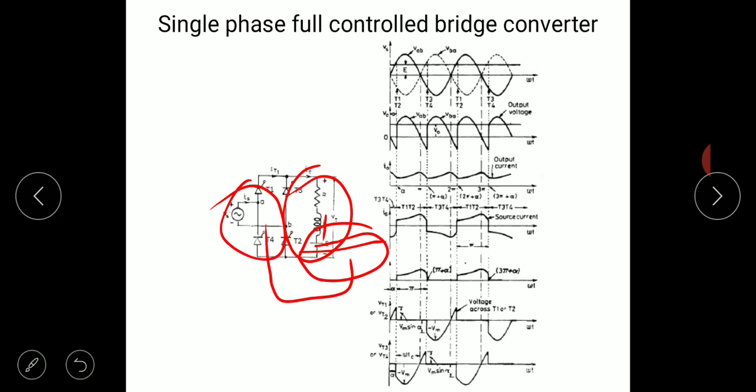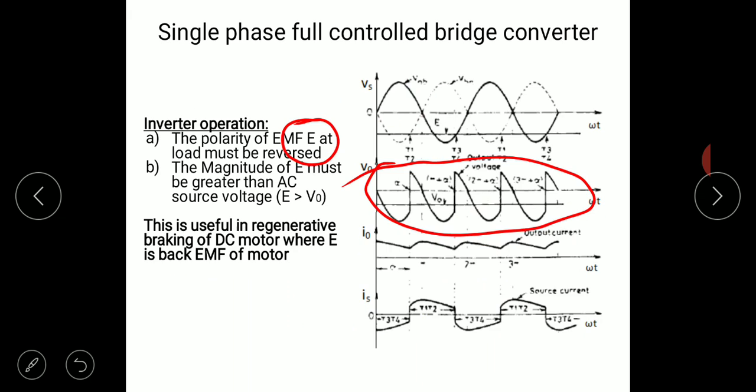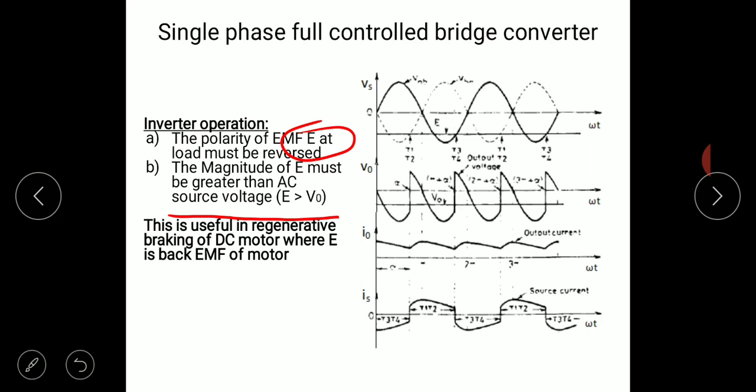That means the magnitude of back EMF must be greater than the average load voltage V0. These are the two conditions that must be fulfilled. First condition is that the polarity of back EMF at the load side must be reversed, and the second condition is that the magnitude of back EMF must be greater than the AC source voltage.